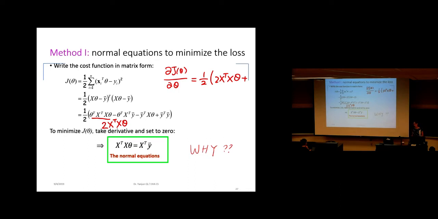Then from the second term, you should just get it. The second term, if I take it versus theta, what is its gradient? Minus x transpose y, right? Yeah, actually the same thing.